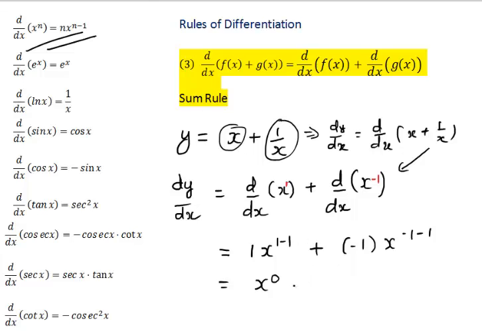So we'll have minus x to the power of minus 2. If we further write it in a concise way, x to the power 0 is 1, and minus x to the power minus 2 can be written as 1 by x square. So the differentiation of x plus 1 by x would be 1 minus 1 by x square. We have used the sum rule here.